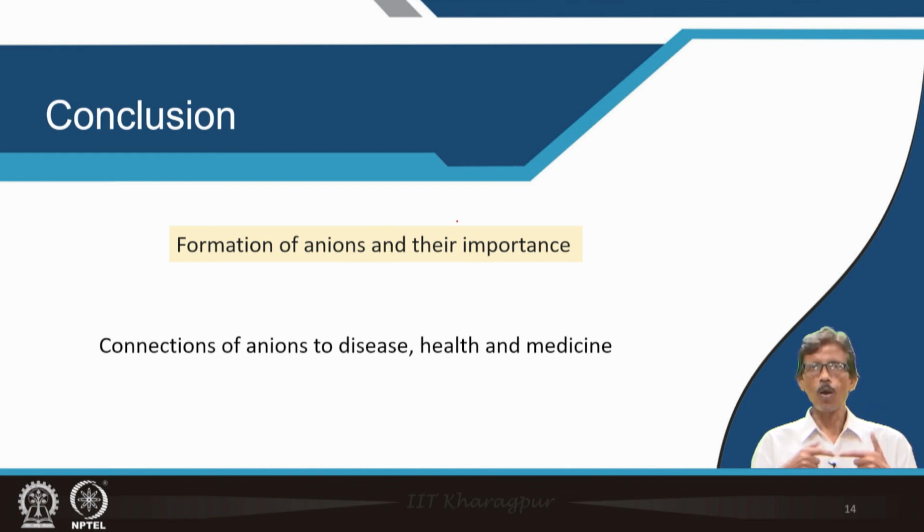Then the connections of all these things, the anions, the anion receptors or anion channels also, then how they are basically giving some helping hand to us to know about the disease conditions.